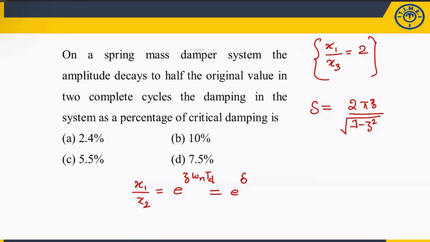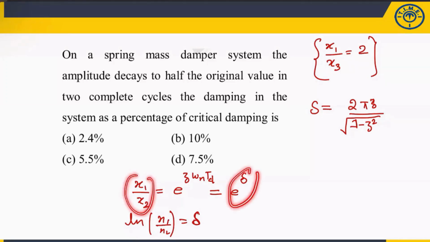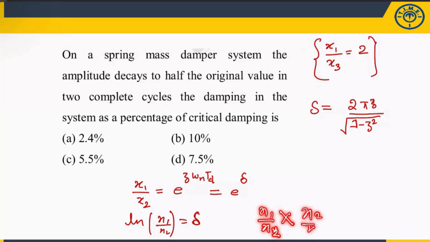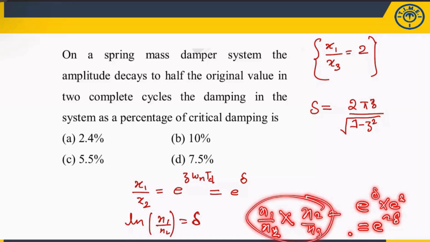If you take the logarithm of x1 by x2, you will get delta, which I have discussed now. So x1 by x2 is e to the power of delta. Can I write x1 by x3 as x1 by x2 into x2 by x3, which is e to the power of delta into e to the power of delta, which is e to the power of 2 delta? Yes or no?